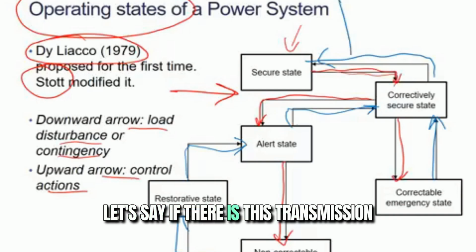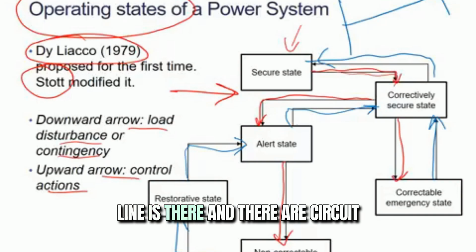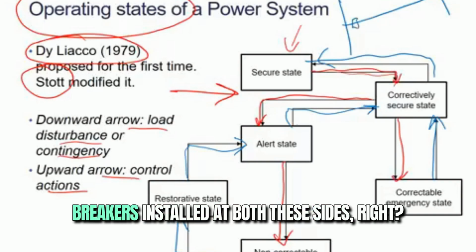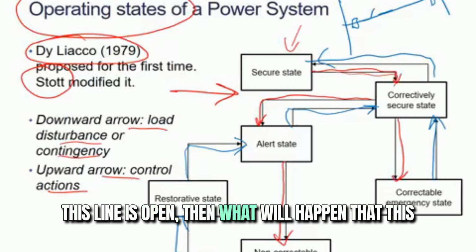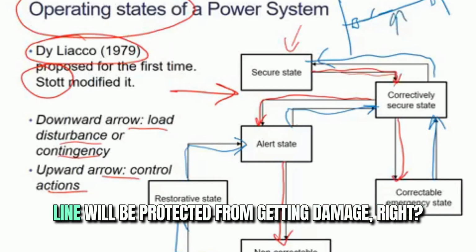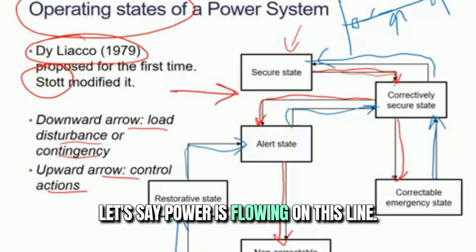Let's say there is a transmission line, and there are circuit breakers installed at both sides, right? Now, if this circuit breaker opens the line, then this line will be protected from getting damaged. Or let's say very excess power is flowing on this line.